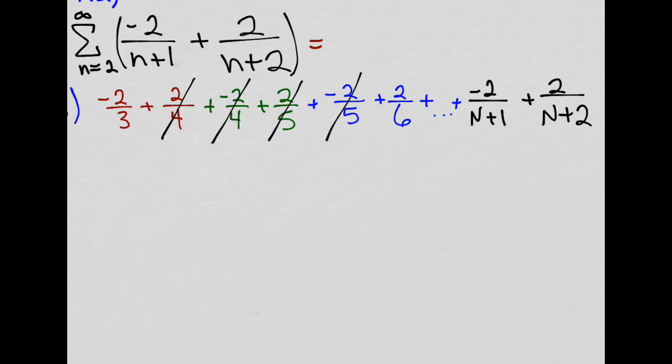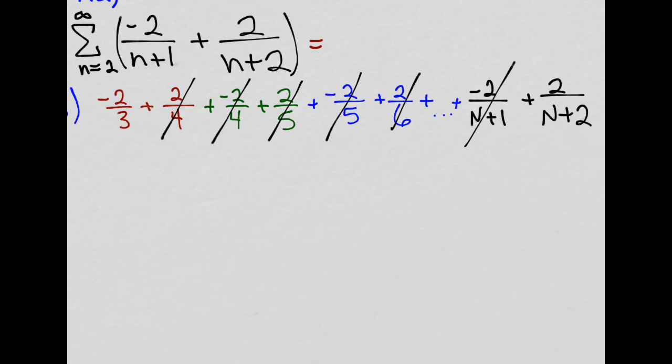So the middle terms, when we plug in the first n equals 2, then n equals 3 and then n equals 4, those middle terms are going to end up canceling. So all the middle terms are going to cancel, so that all we have remaining are the 2/3 and the negative 2 over N plus 2.